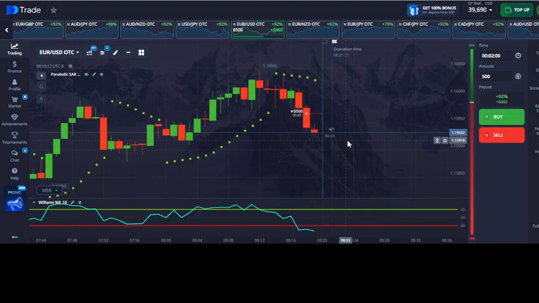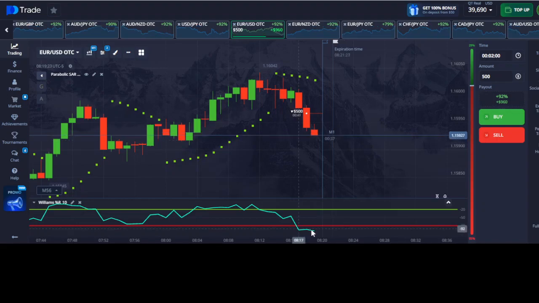Price is continuing to push downward. The Williams percent R line is still below the 80 line here.